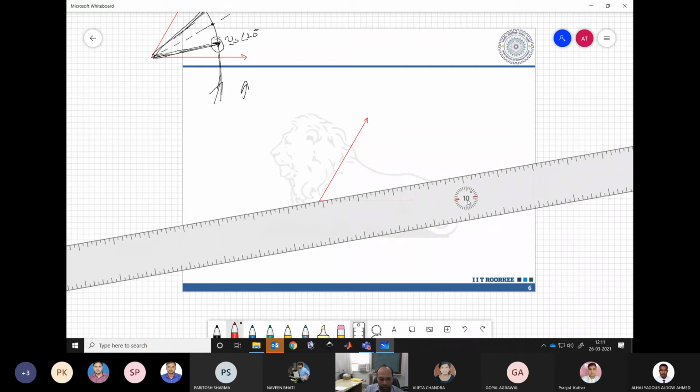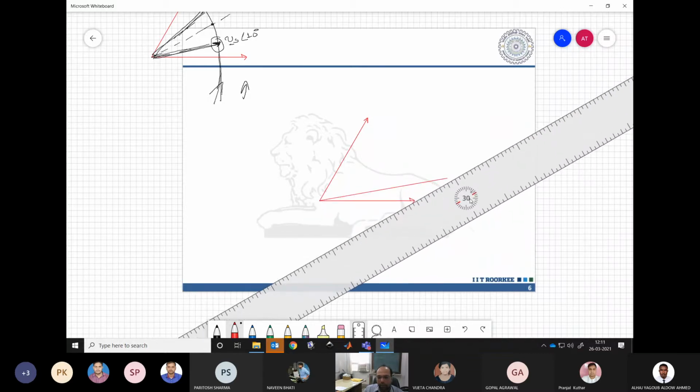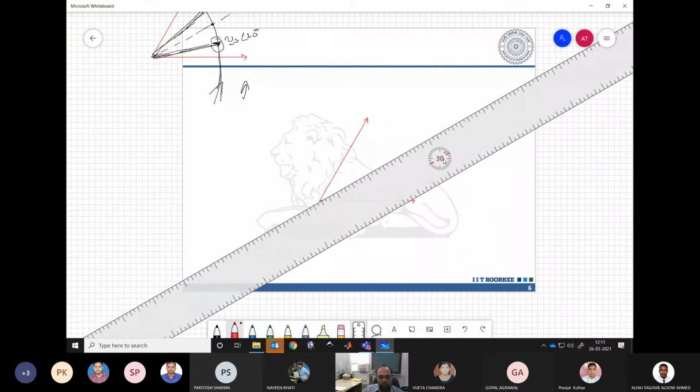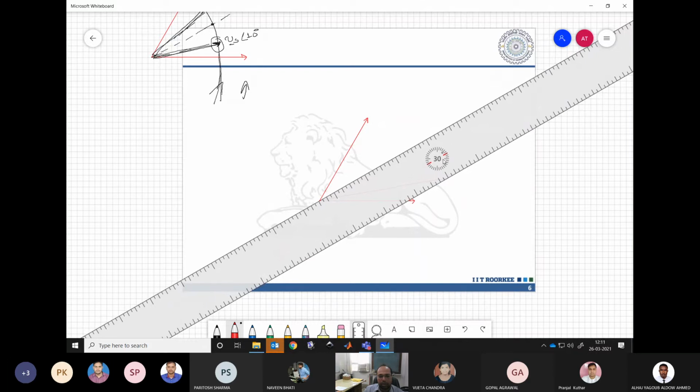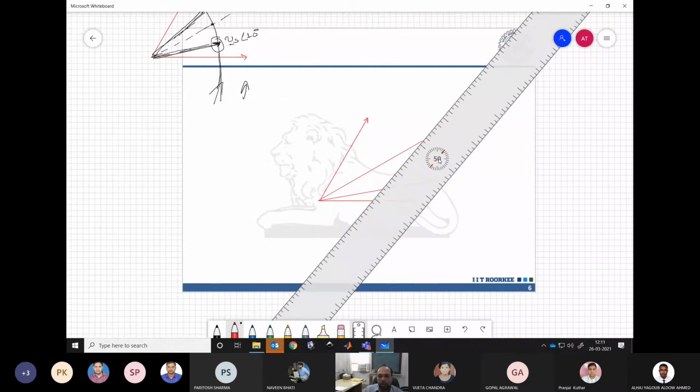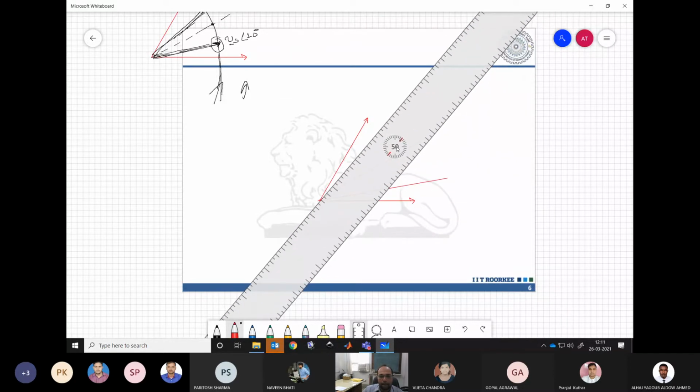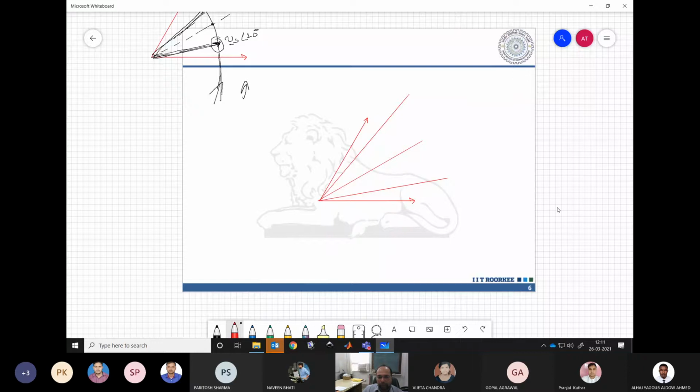Let's say the 10 degree is somewhere here. Then we have 30 degree, which is somewhere here. And then we have 50 degree, which is somewhere here. Yes, now this is a little better.